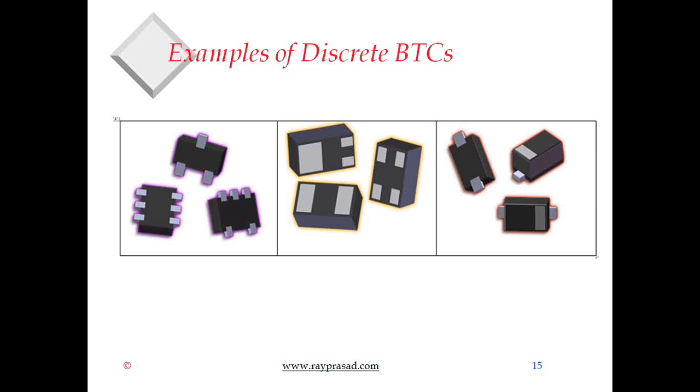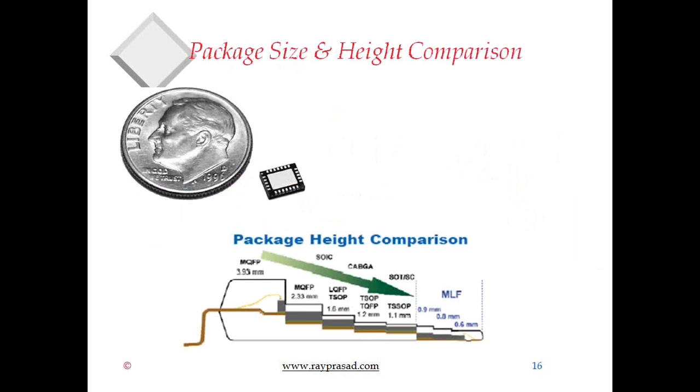Slide 15 is an example of what we call discrete BTCs, not very complicated silicon and so on, but simple ones. They are essentially just plain copper and a simple package. Now on slide 16, one thing is the size of this. This can be very small, can be bigger than a dime and so on.